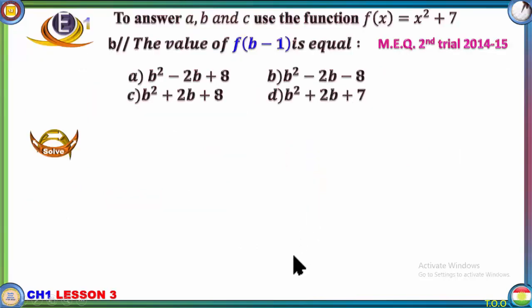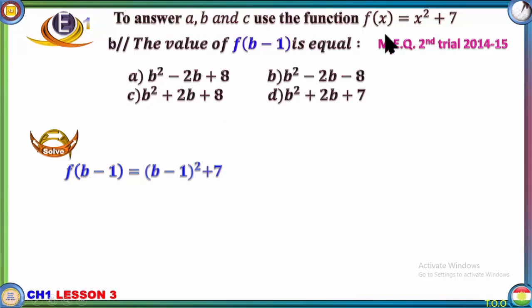B, the value of f of b minus 1 is equal to: a, b squared minus 2b plus 8; b, b squared minus 2b minus 8; c, b squared plus 2b plus 8; d, b squared plus 2b plus 7. To find y, replace x with b minus 1.